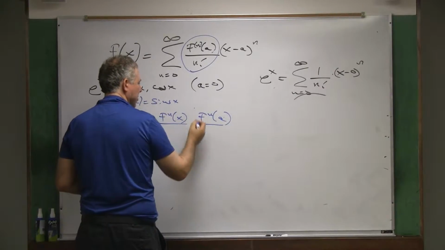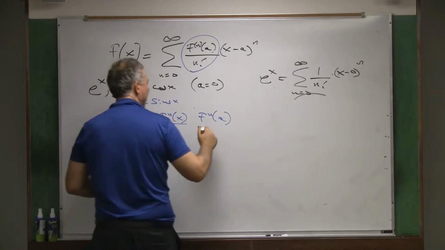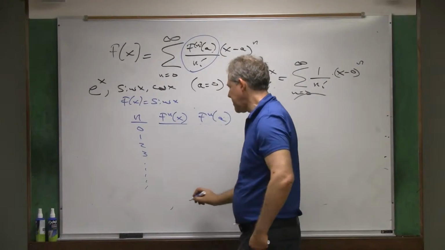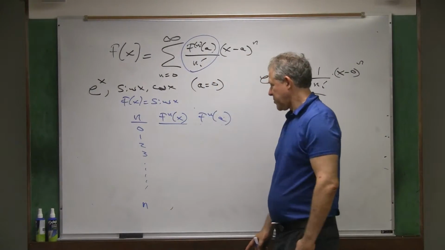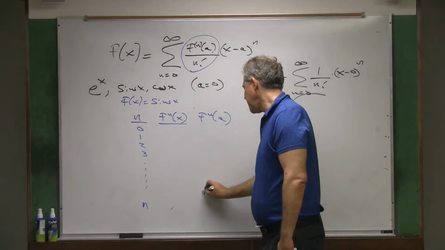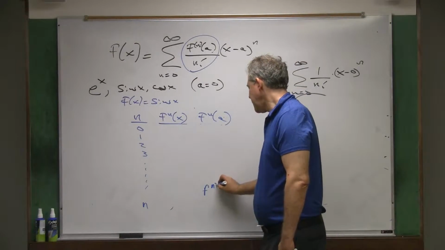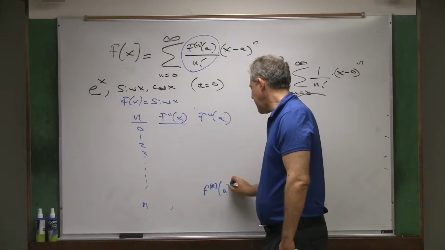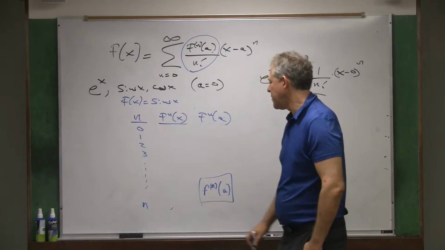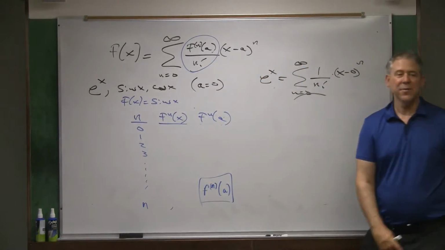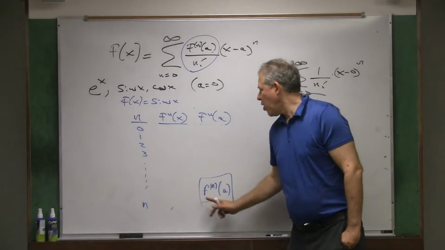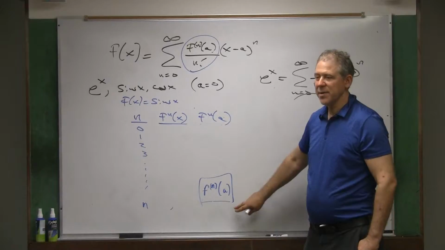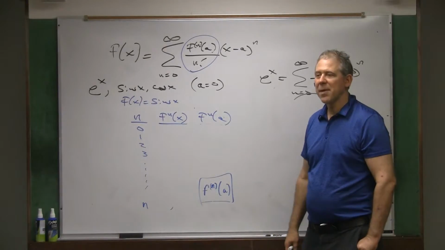This is what I'm interested in. In fact, what I'm interested in is the general nth term, how to describe it by the pattern. I'm interested in this row in column 3. That's going to give me my pattern.